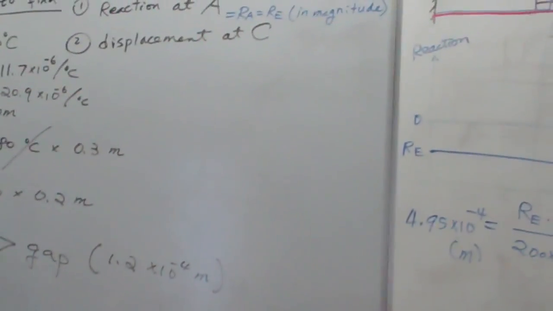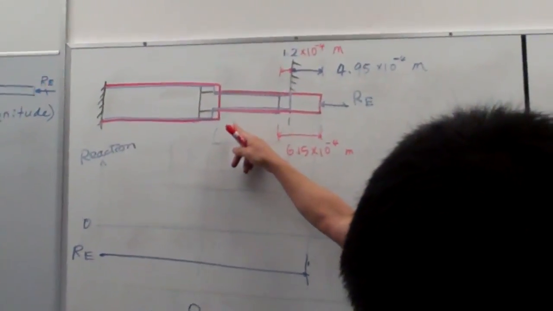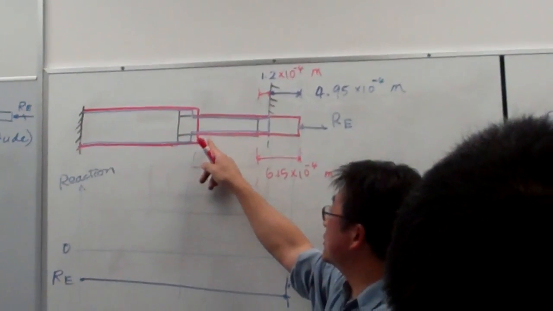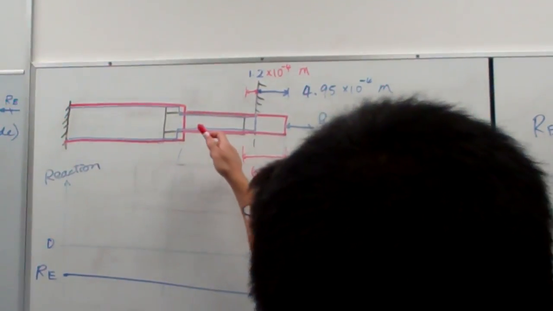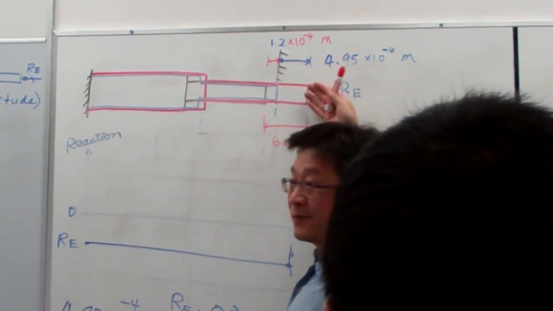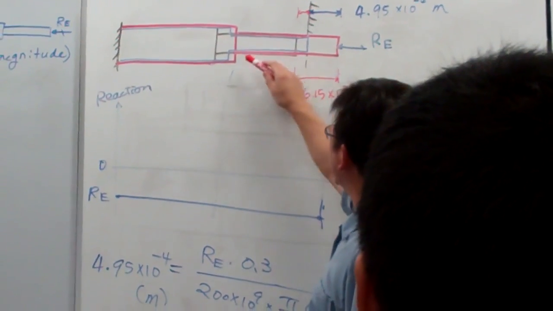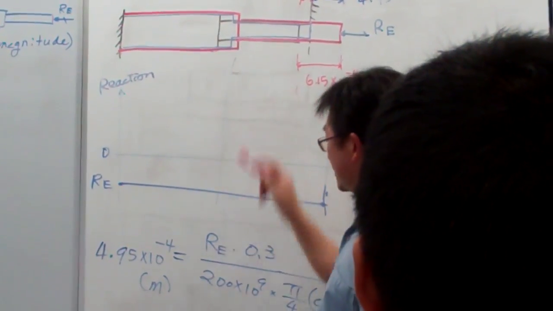The same thing, we'll look at the model here. Again, from the two-color model, the red one, the whole situation is this. The red one assumes free expansion. And then due to the existing RE, that pushes back the free expansion by that much.